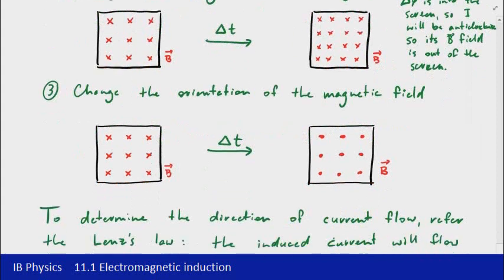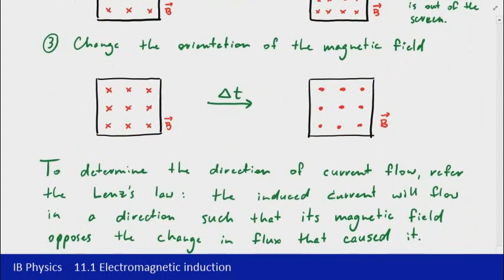Finally, changing the orientation of the magnetic field. I should also mention here that it could be the magnetic field, or it could actually be the coil that changes orientation. So if you flip the coil around 180 degrees, you'll get a similar sort of effect. In this case, initially the flux is into the screen, because we've got the magnetic field directed into the screen, and then on the right hand side it's out of the screen.